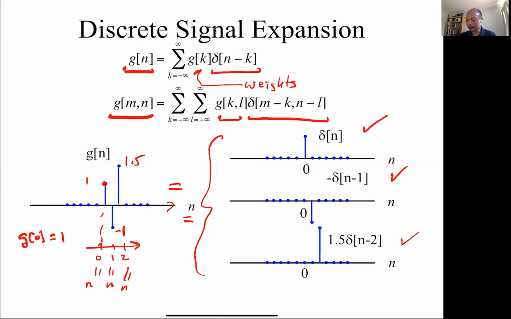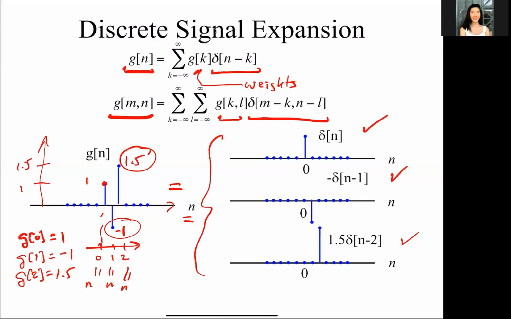Okay, so along this axis here, it's like 1, 1.5. And then at g of 1, I have a value of -1. So that's this one. And then at g of 2, I have a value of 1.5. So that's this. I see. Okay, got it. Thank you. Great. Okay, great question.